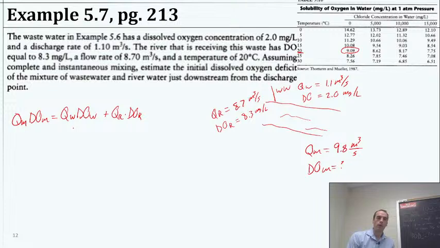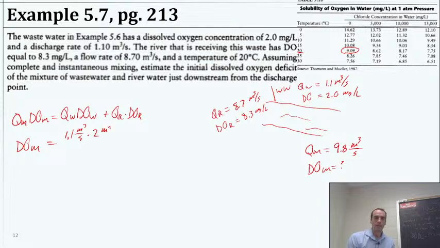But we don't need that until we figure out how much dissolved oxygen is actually in there, and then use that in reference. So to get our dissolved oxygen in the mixture, we can say that should be equal to all these things we know divided by Qm. So we'll say Q wastewater, that's 1.1 cubic meters per second times the dissolved oxygen in the wastewater.